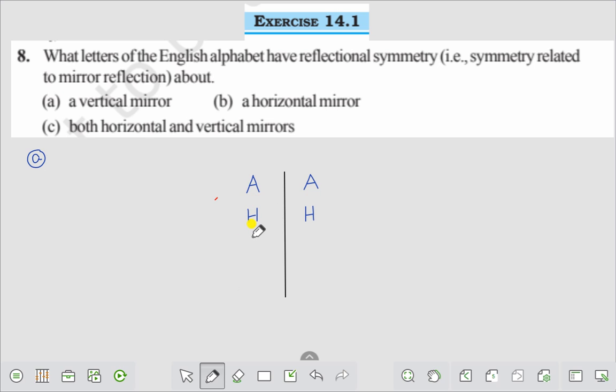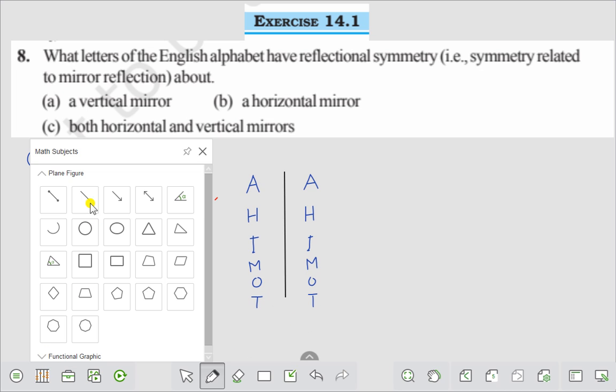If I take I, it will be same as I. If I take M, it will be same as M. If I take O, it is also O. If I take T, it is also same as T. This is for vertical mirror.